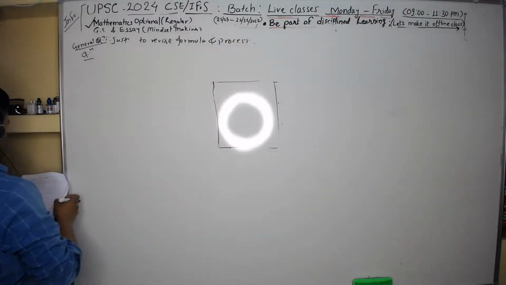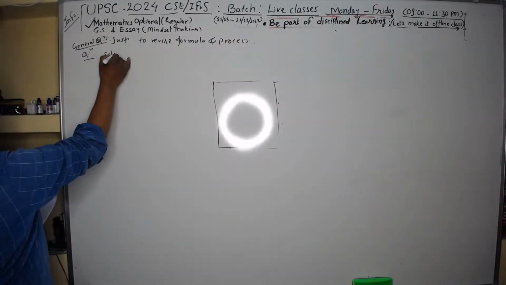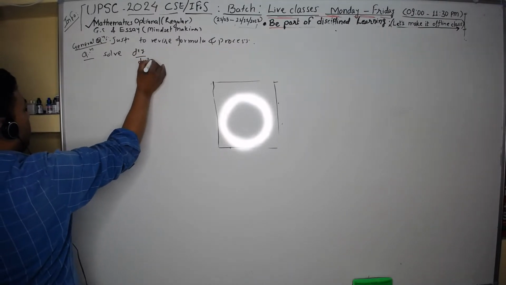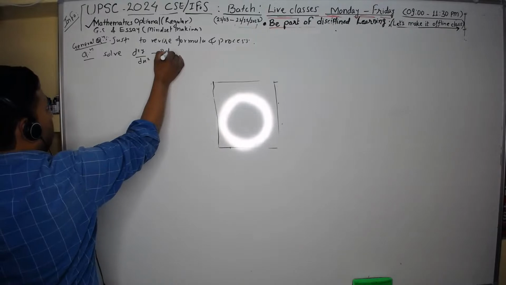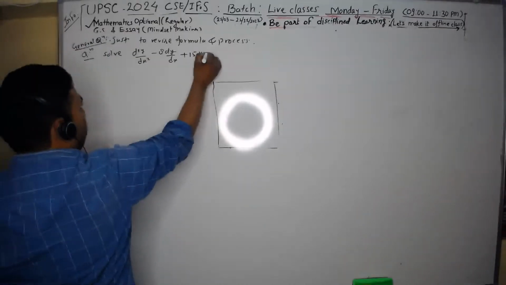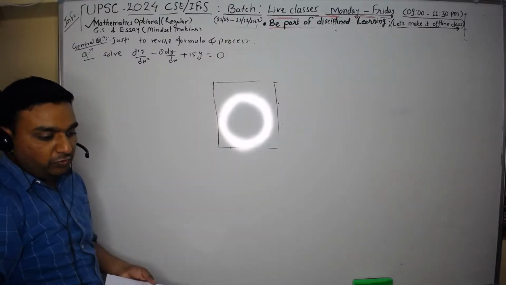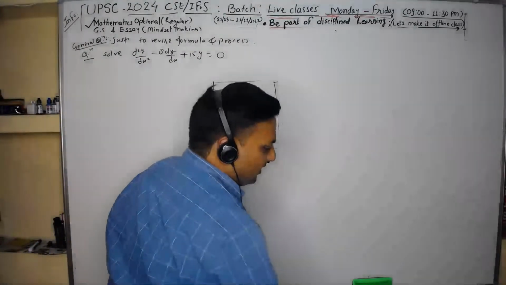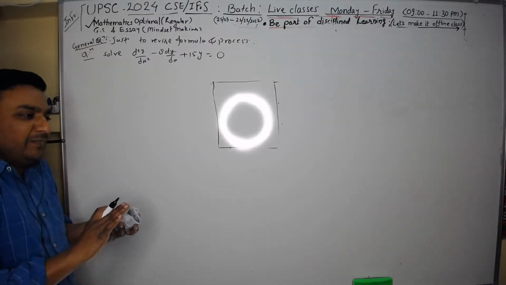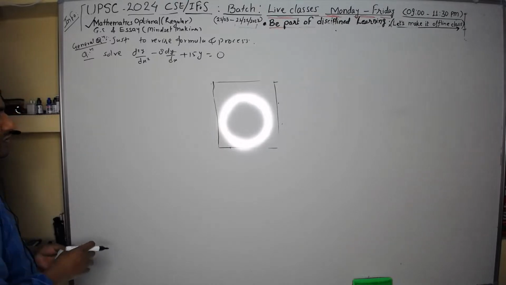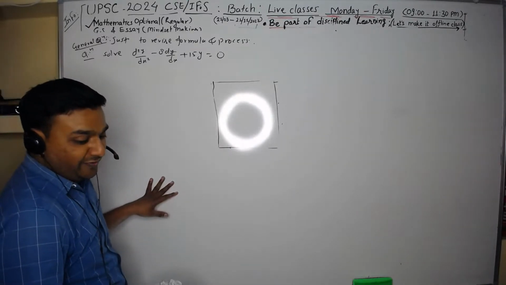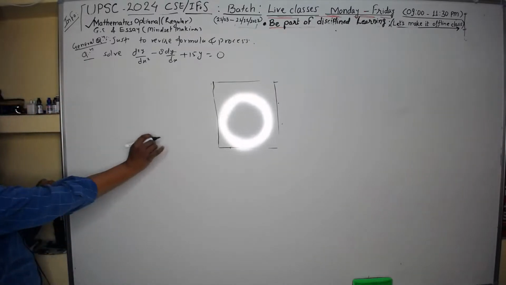So your question is: solve the differential equation d2y over dx square minus 8 into dy over dx plus 15y equals to 0. Fair? This is not something that they will ask in the exam and you don't know. This is something to make the process clear, because there are many students who are at 10+2 level or graduation first year, second year. They need basics.